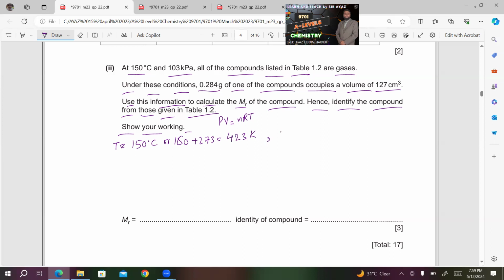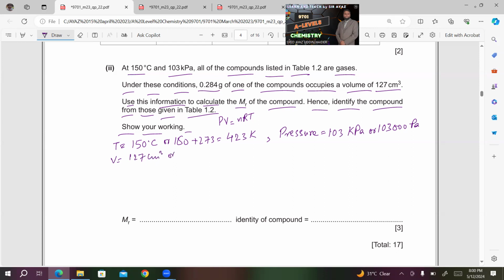What about pressure? Pressure is 103 kilopascal. We need it in Pascal, so I will multiply it by 1000. So I'll get 103,000 Pascal. Volume V is 127 centimeter cube.